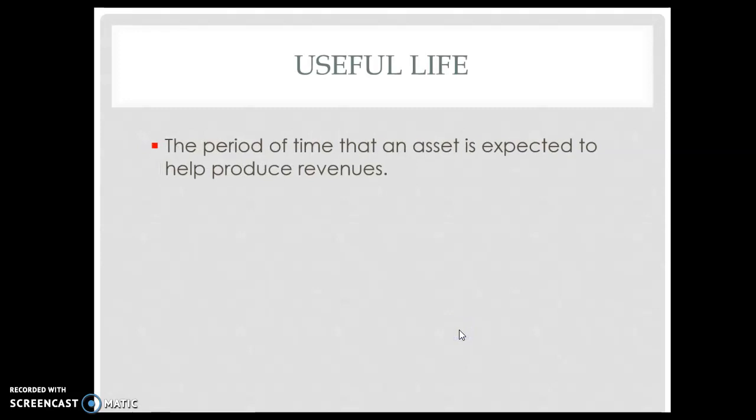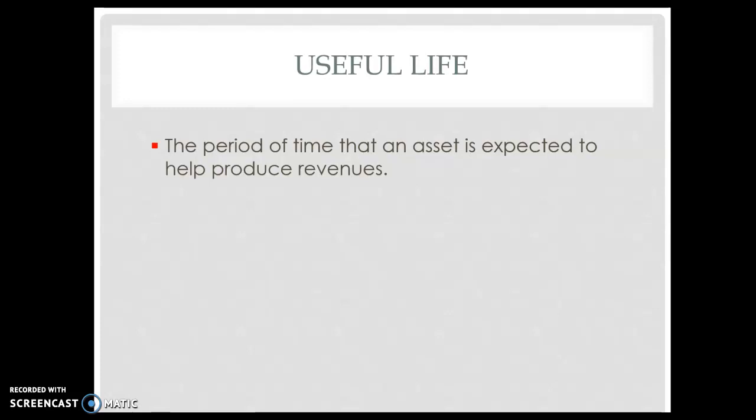Useful life, when we use that set of words, means the period of time that that asset is expected to help produce revenues. So when we first buy that piece of equipment, it's management's job to say, okay, this piece of equipment will last us and help produce revenues for at least 10 years.